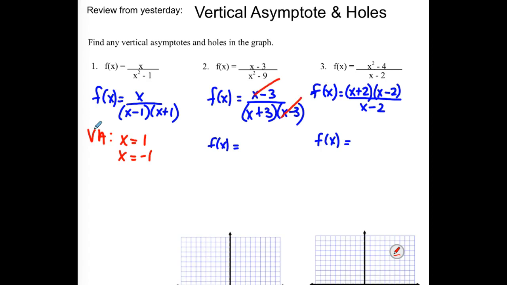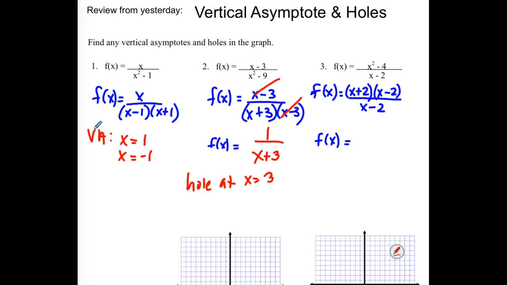My reduced function then would be 1 over x plus 3. What happens when I'm able to reduce it out? It means it's a hole. So what's the x value that made that x minus 3 zero? A 3. So I have a hole at x being 3.